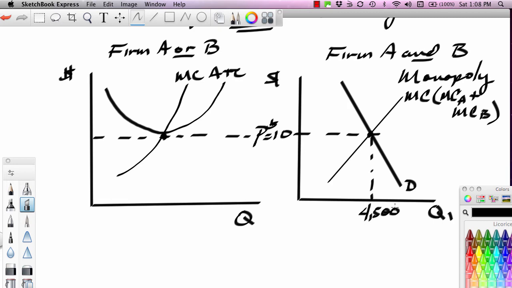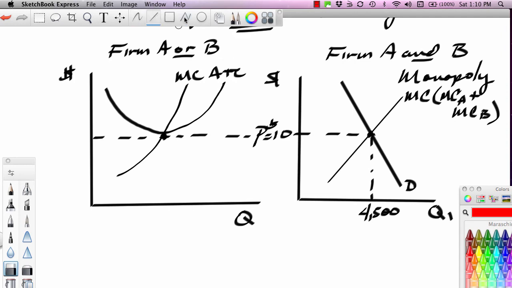Now, here's the $1,000,000 question. Does a monopoly operate where MC equals demand? The answer is no. Where does a monopoly operate? The monopoly, whoop, try again, haste makes waste.